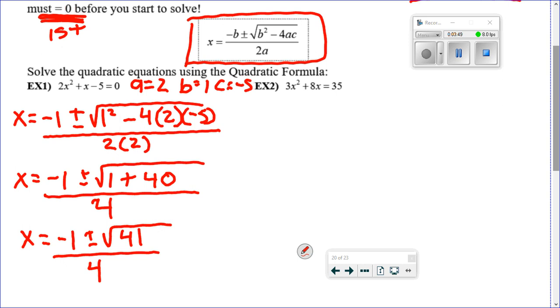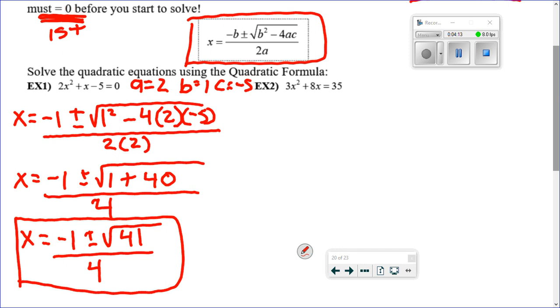So when you're here, you want to think about, can I simplify this at all? What I mean is, can we simplify inside that square root? Can 41 be simplified at all? No. So actually at this moment, that is your final answer.